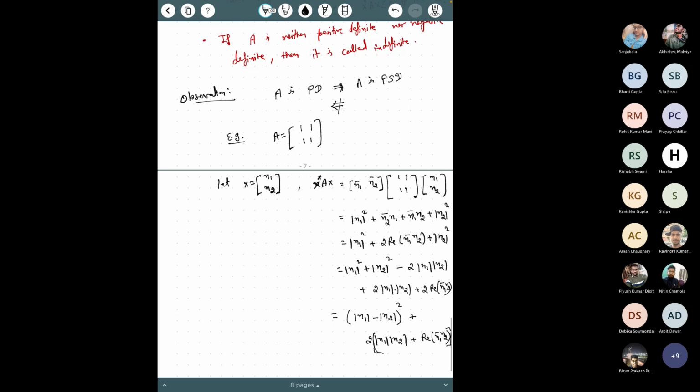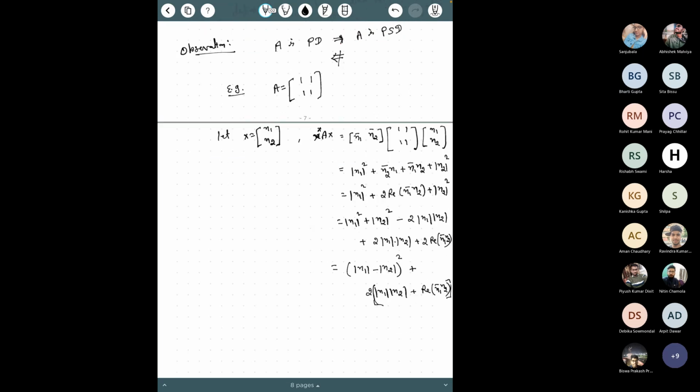Now clearly the first term is non-negative, always greater than or equal to 0, and this is also non-negative. So clearly this is greater than or equal to 0. This implies that A is PSD.